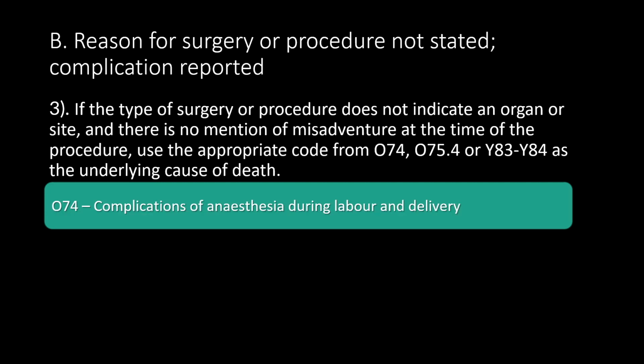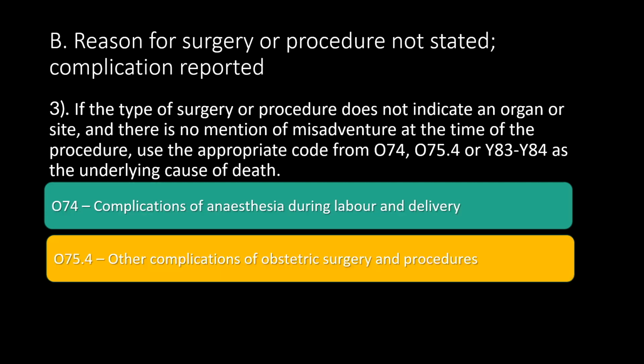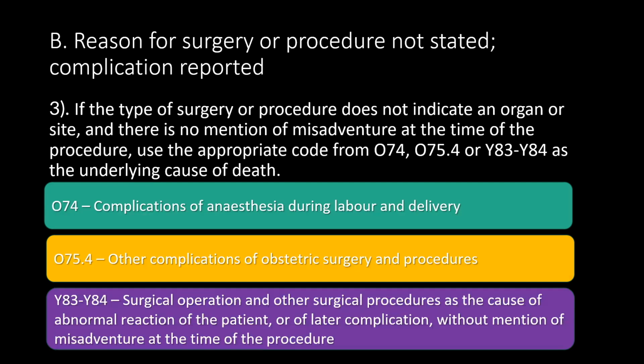O74 is complications of anesthesia during labor and delivery. O75.4 is other complications of obstetric surgery and procedures. Y83 to Y84 covers surgical operation and other surgical procedures as the cause of abnormal reaction of the patient or of later complication without mention of misadventure at the time of the procedure.